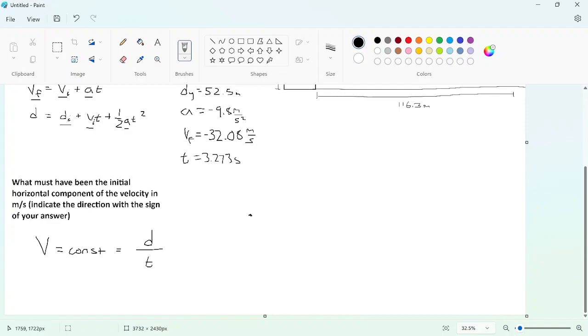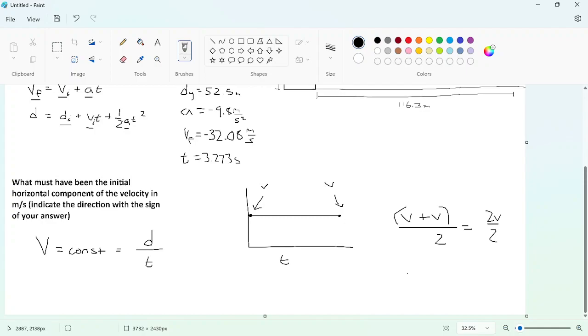You can see that if you take a constant velocity at two times and take the average, you divide by 2 and get 2v over 2, so the average velocity is equal to v. So if the velocity is constant, it is also equal to the average velocity, and therefore you can use this formula.